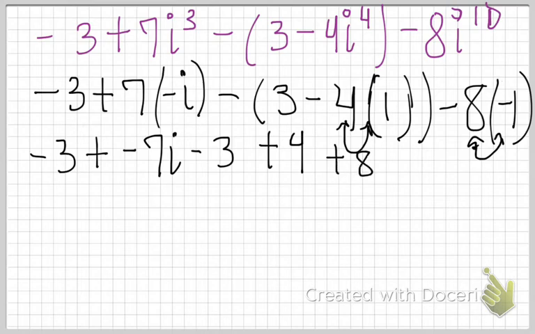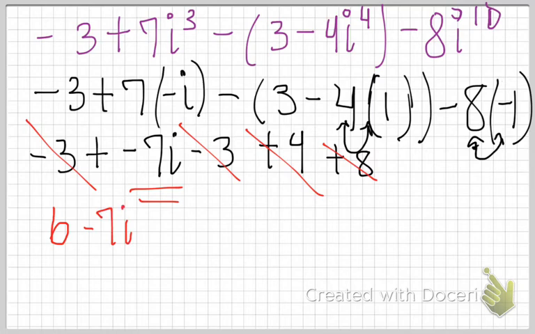And I start combining all like terms. So I start off with my real part, negative 3 minus 3 is negative 6. Negative 6 plus 4 is negative 2, and negative 2 plus 8 is positive 6. With the imaginary part, there's no other term, so here's your final answer, 6 minus 7i.